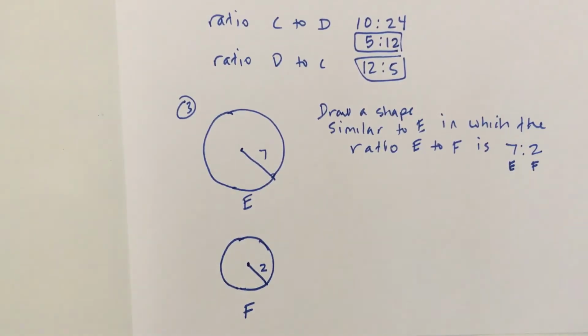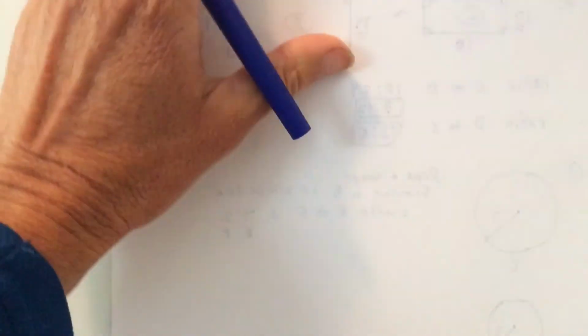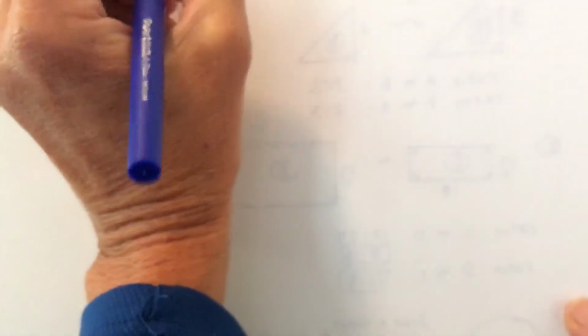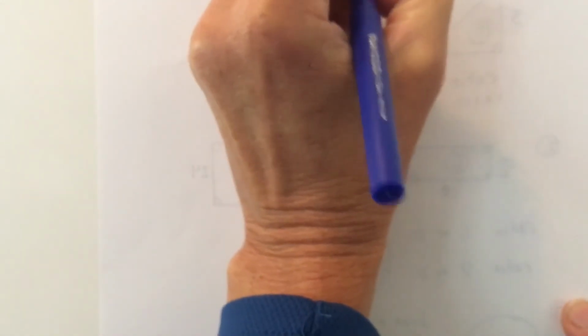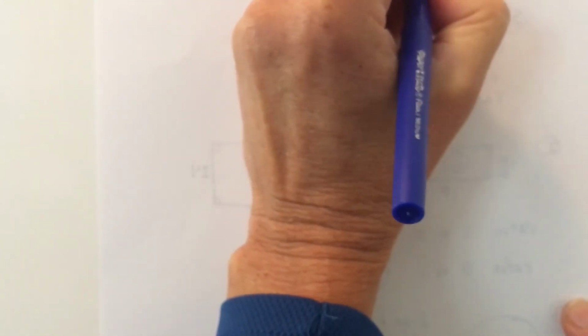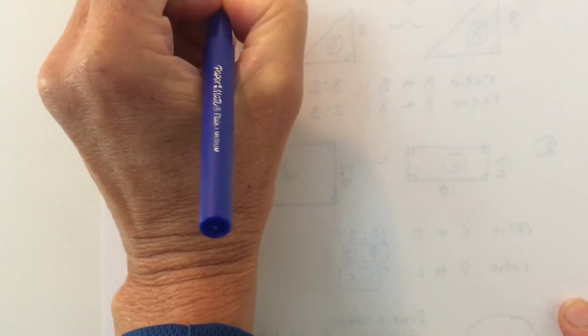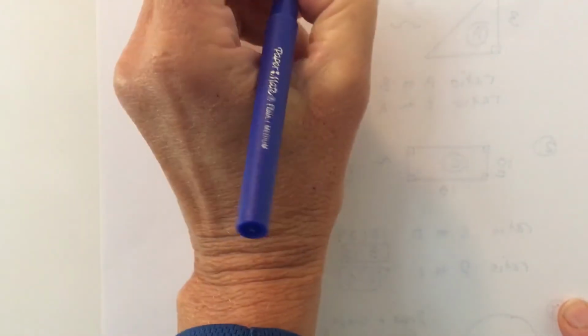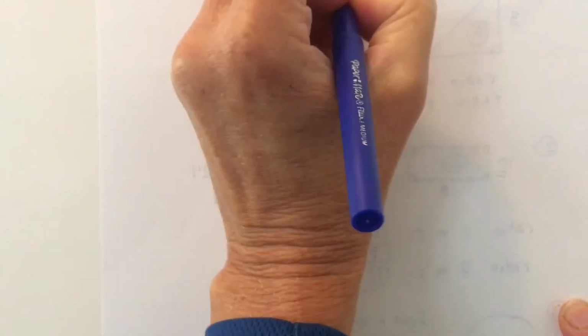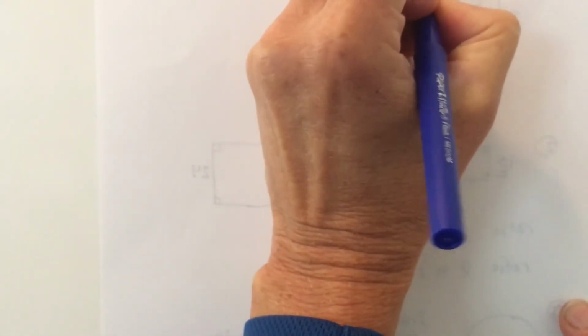Okay? Okay, let's do one more example. This one says draw a shape W, in which the ratio of W to Y is 1 to 4.